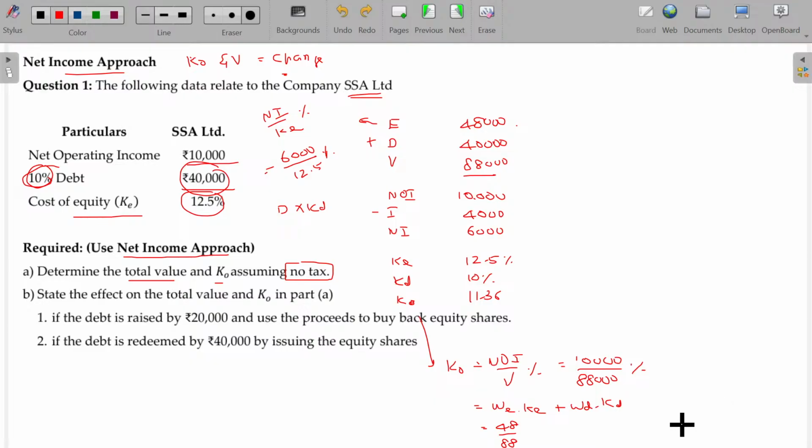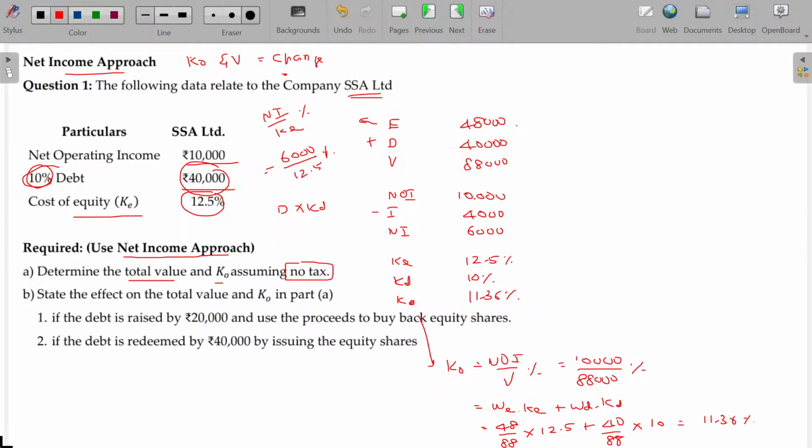That's the weightage, into KE being 12.5 percentage, plus weight of debt, out of 88, 40 will be the debt's weight, so 40 by 88 into cost of debt being 10 percentage. Hope you will be getting 11.36 percentage.